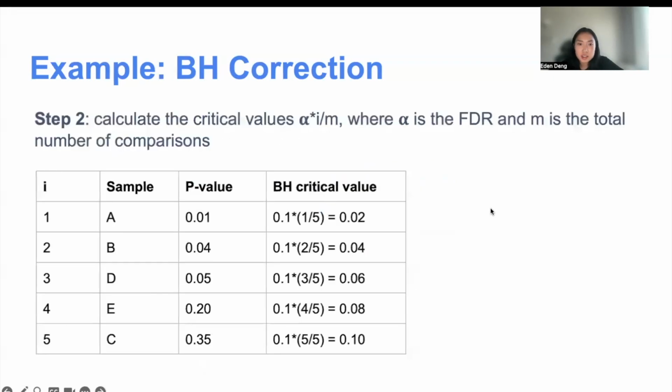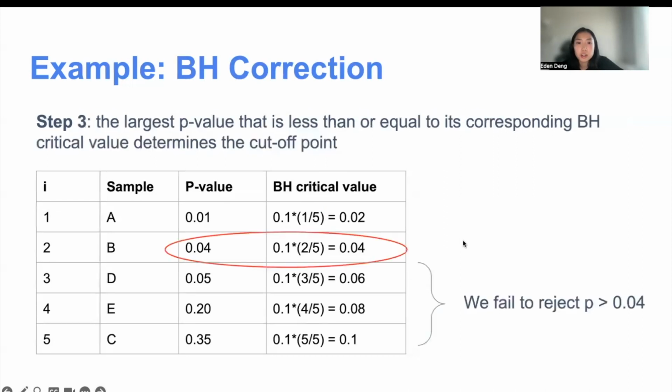After we've done that, we can compute these BH critical values, which is just the desired FDR times the rank over the total number of tests. Then we look for the largest p-value that is no larger than its corresponding critical value. That occurred in this second test here. For all of the hypotheses with p-values larger than that, we say we failed to reject the null.